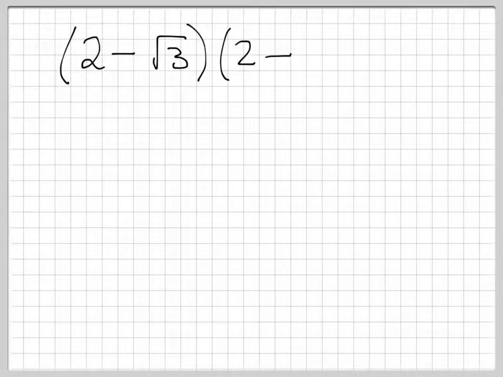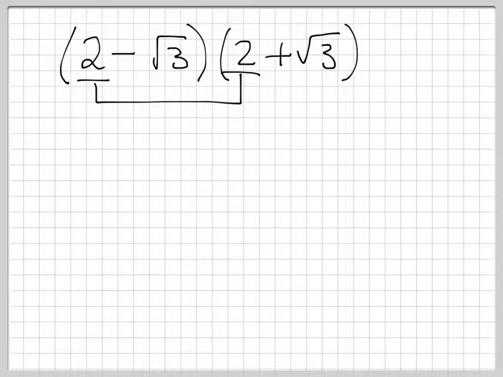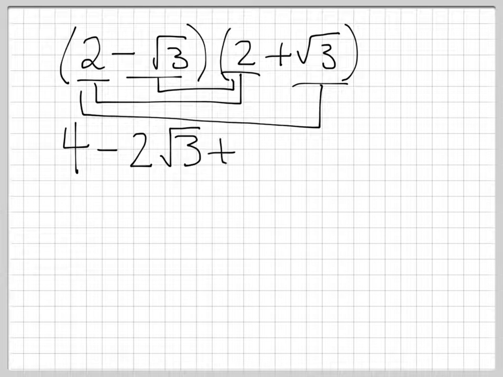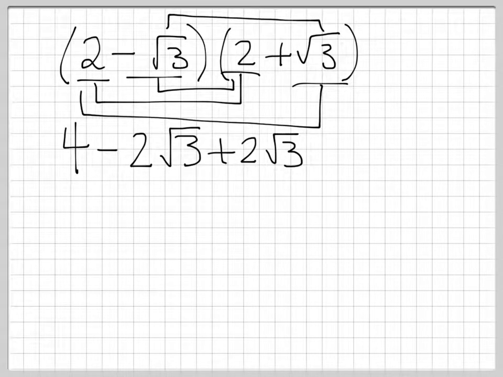Now, if you notice what's going to happen next, when we multiply these two, we get 2 times 2, which is 4, minus 2 times radical 3, plus 2 times radical 3, minus radical 3 times radical 3.